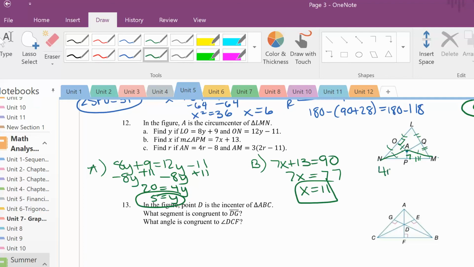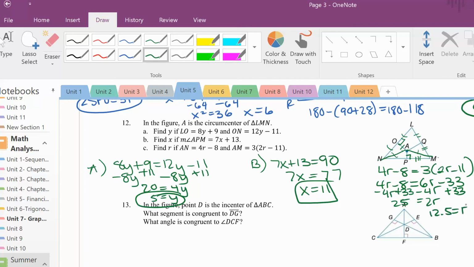So 4r minus 8 is equal to 3 times 2r minus 11. So 4r minus 8 is equal to 6r minus 33. So subtract the 4r and add the 33. So you get 2r equals 25, so r equals 12.5 for r.